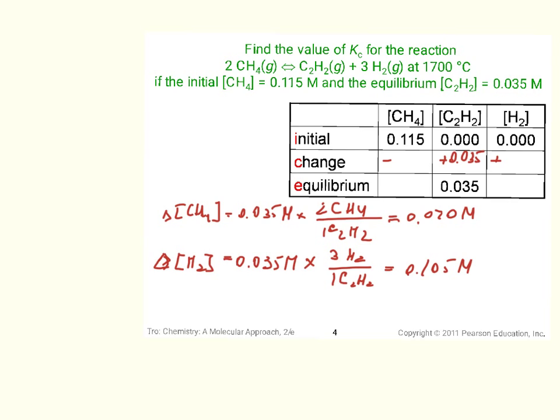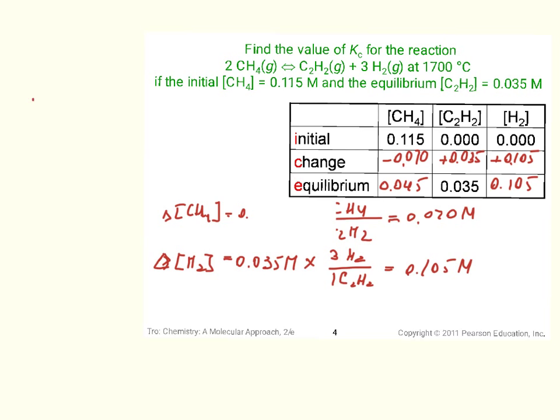Let us incorporate it in our table. 0.070 for methane and 0.105 for hydrogen. For hydrogen we have the same at equilibrium because we didn't have anything at the beginning, and we have 0.045 equilibrium concentration for methane.